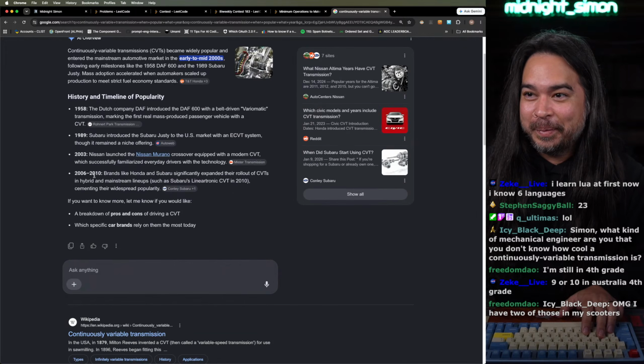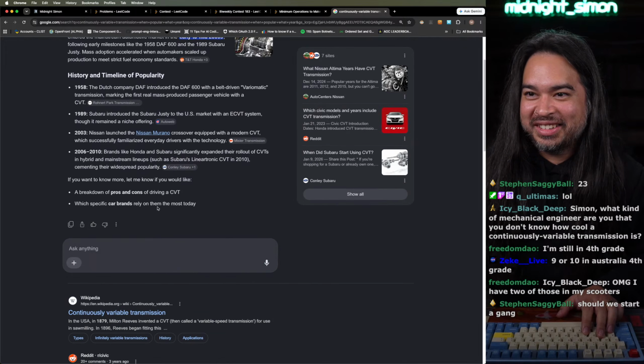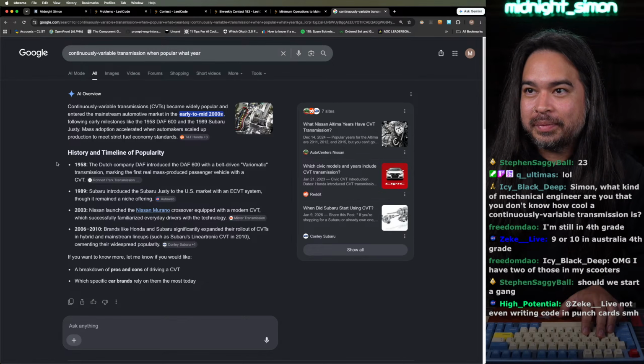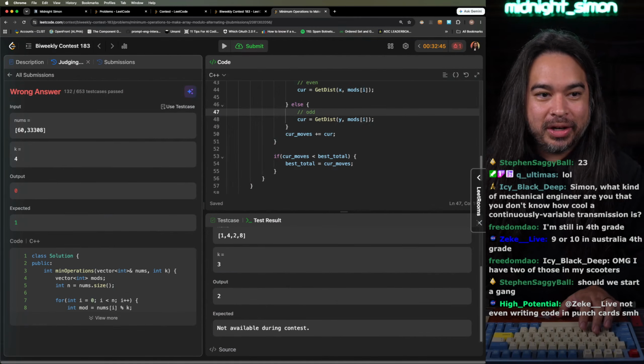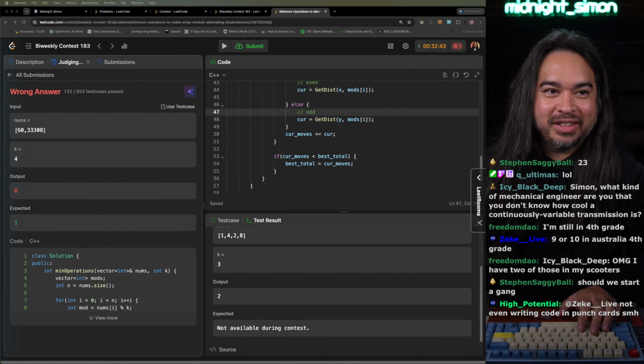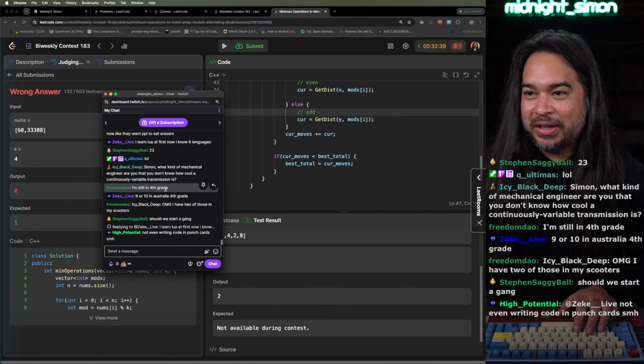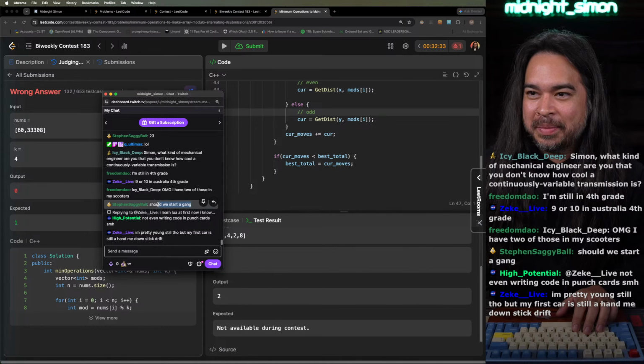No. Who knows anything? I don't know anything about cars, that's for sure. Just a little bit. 9 or 10 in Australia, 4th grade. Should we start a gang?